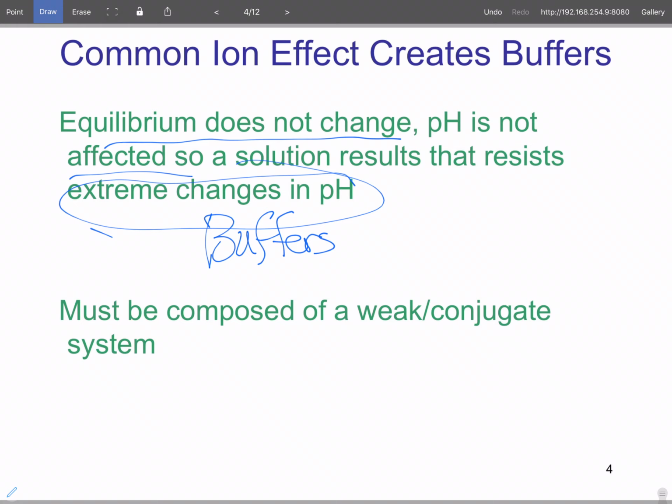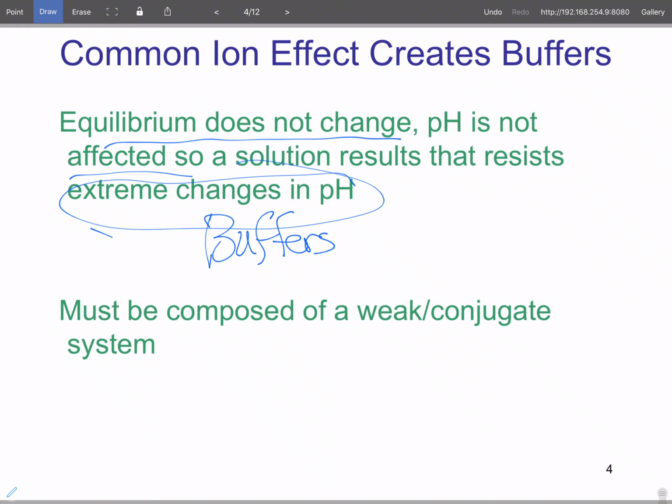For example, your stomach makes acid way down below a pH of 1. It's very, very, very acidic. Well, if you were to dump that on your skin, it would burn it. And it's even worse internally. So when your stomach acid dumps into your intestine, that immediately buffers it so that it can handle the extreme change in pH and not basically kill you.